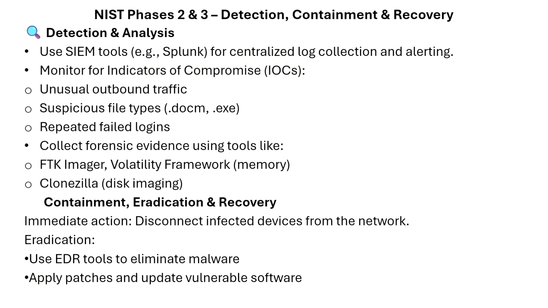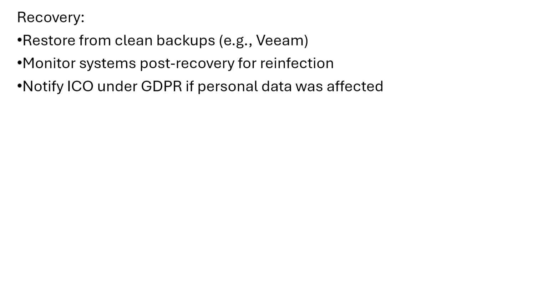For containment, eradication, and recovery, the immediate action is to disconnect infected devices from the network and use EDR tools to eliminate malware. In recovery, we restore from clean backups like Veeam, monitor systems post-recovery for reinfection, and notify the ICO under GDPR if personal data was affected.